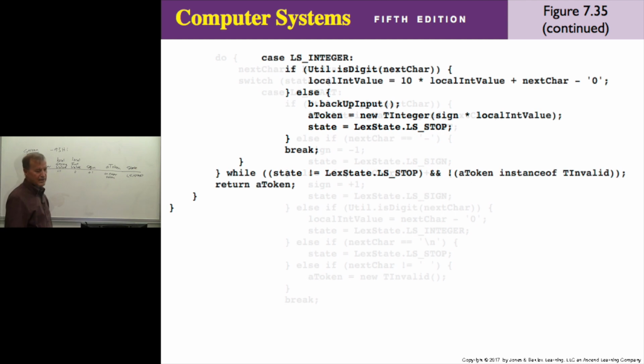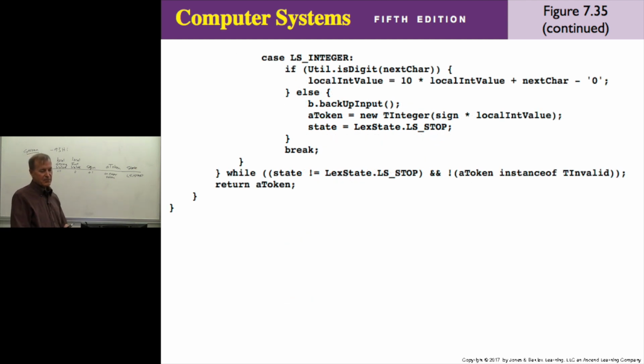Let's take a look at the test at the bottom. While the state is not equal to ls stop and not abstract token instance of invalid. Okay? So we'll have to see what kind of token it is to see whether or not to stop.